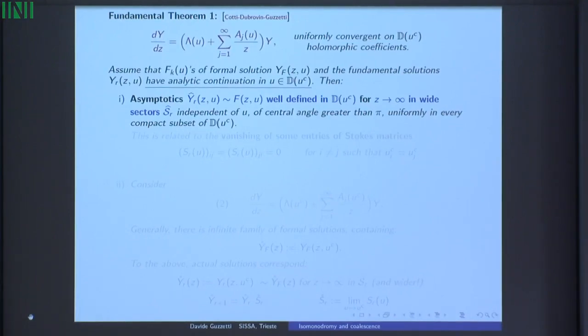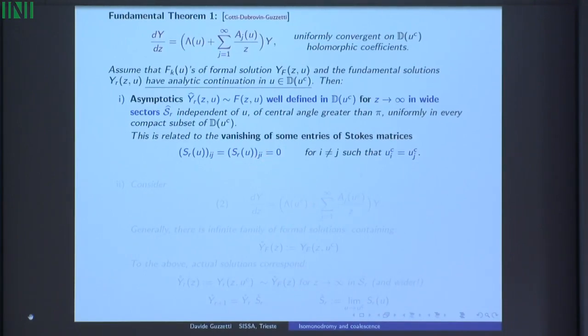And the reason why this happens, which is actually the main ingredient of the proof of this property, is that you can prove that there is this vanishing property of Stokes matrices.